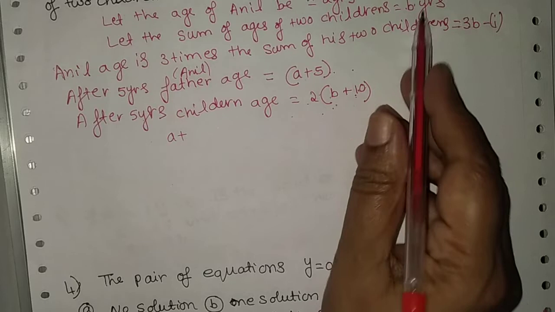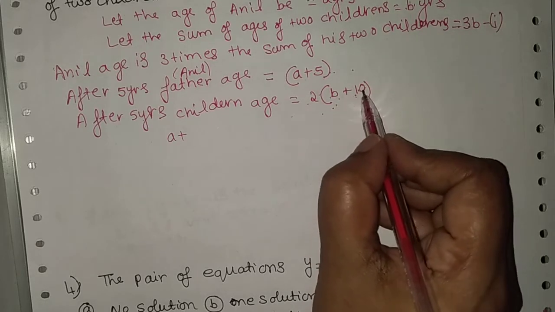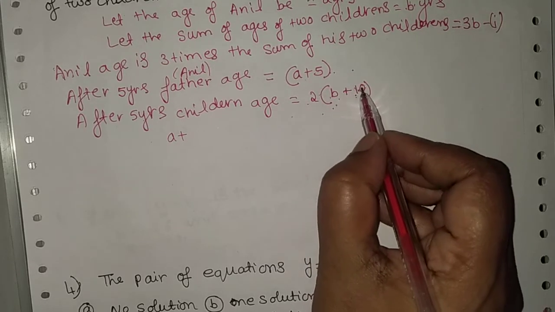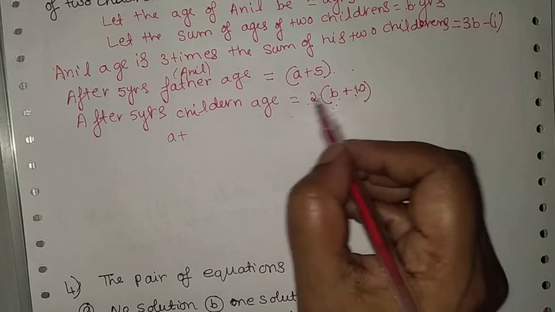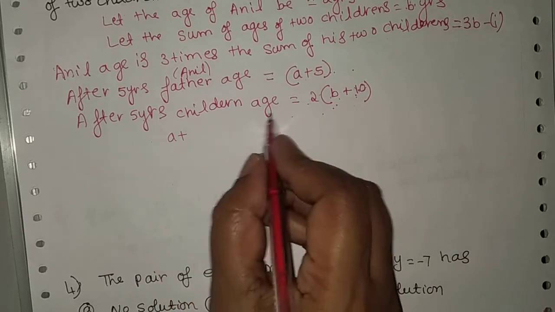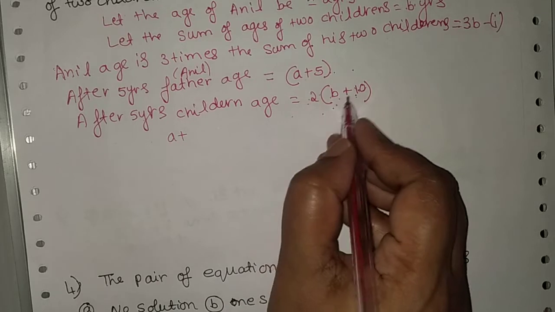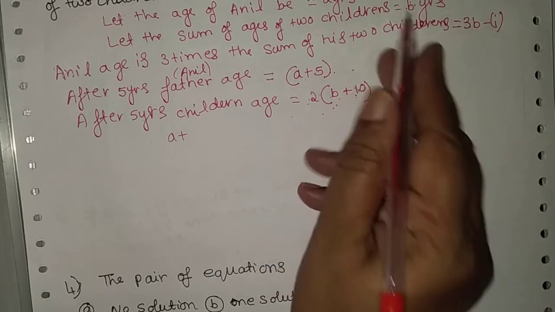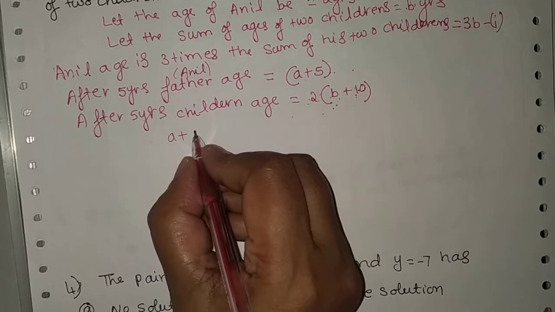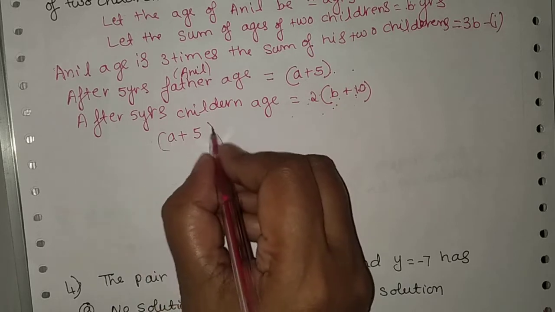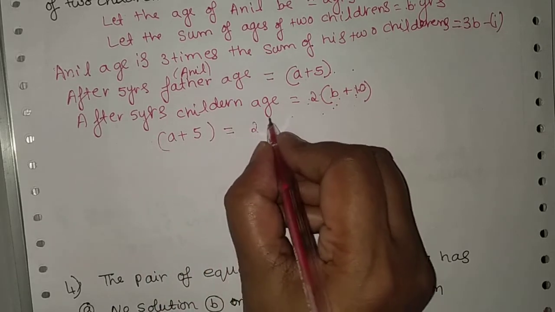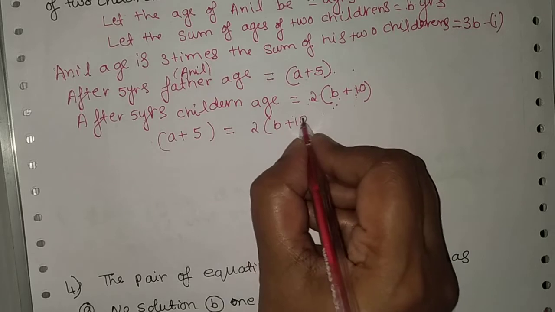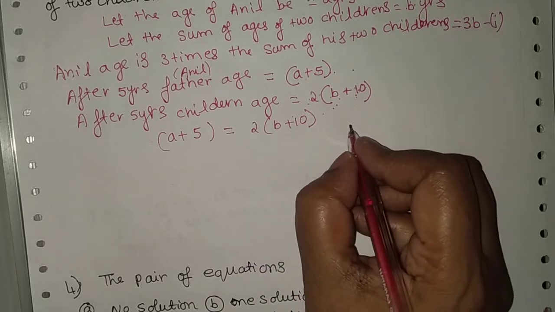B is the sum of the age of children, plus 10 years, and twice that will become twice into B plus 10. So now we'll equate both. A plus 5 is equal to 2 into B plus 10.